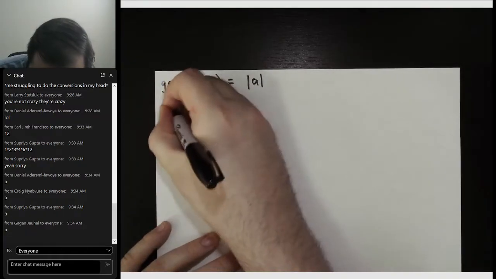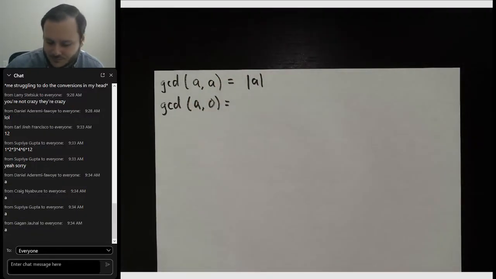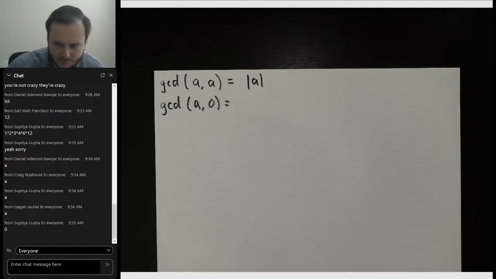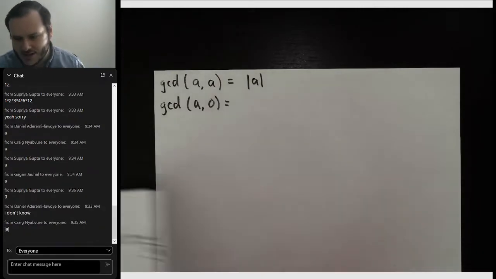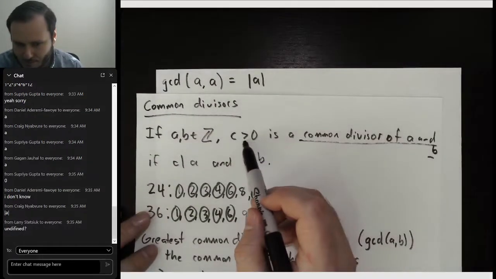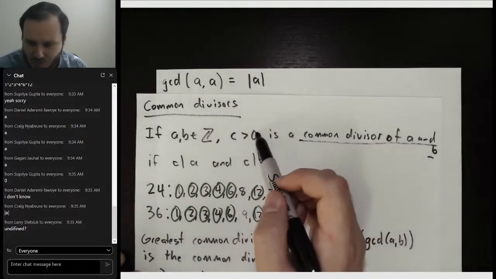What is the greatest common divisor of A with 0? Not sure. We've got a 0. Well, the answer can't be 0 because 0 is not a common divisor. We have to pick a number bigger than 0.